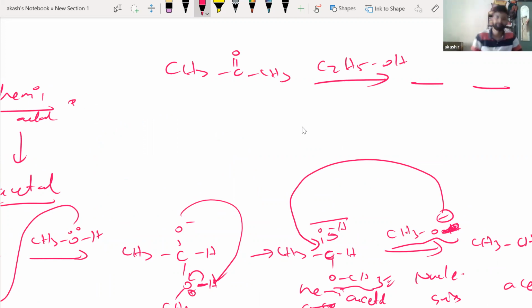Quick, people, quick. Same mechanism, except the compounds are different here, people. Go for it.